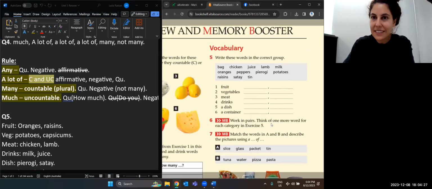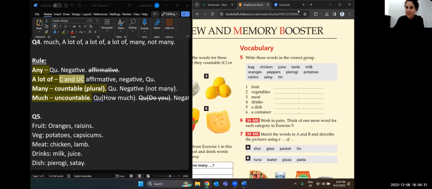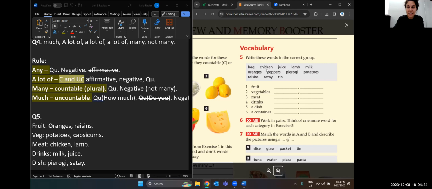So let's look at these vocab. So we have bag, chicken, juice, lamb, milk, oranges, peppers, pierogi. Not sure how to pronounce that. That was the Poland dish. Potatoes, raisins.